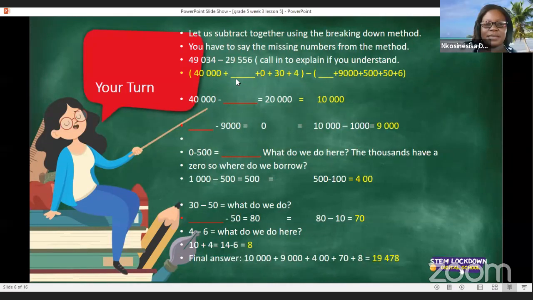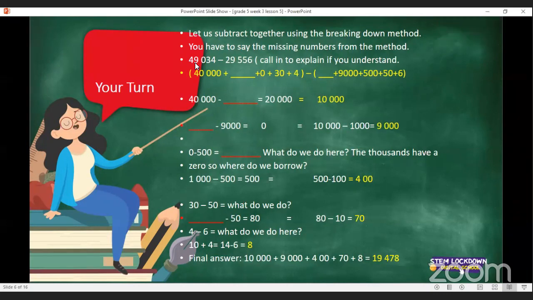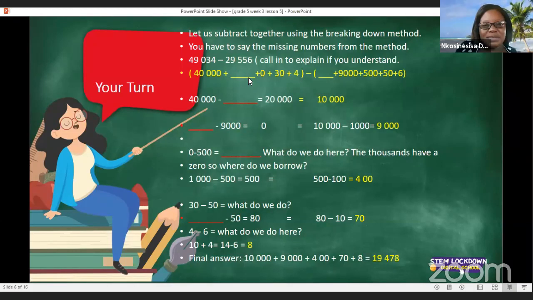Mm-mm. Remember, 4 is units, 3 is tens, 0 is hundreds, and 9 is what? Let's give someone a chance. It's 9 what? 9,000. Yes, 9,000. So 9,000 is missing here.